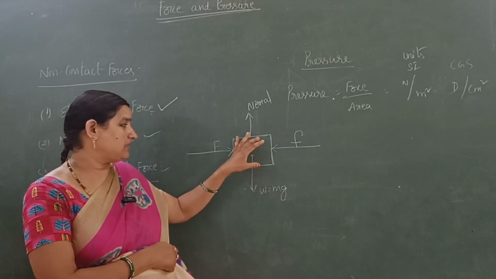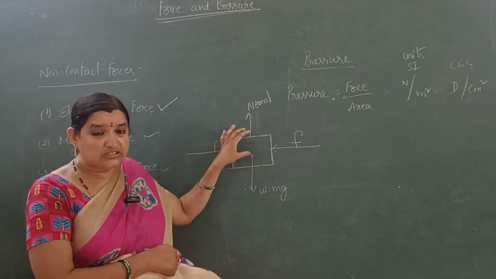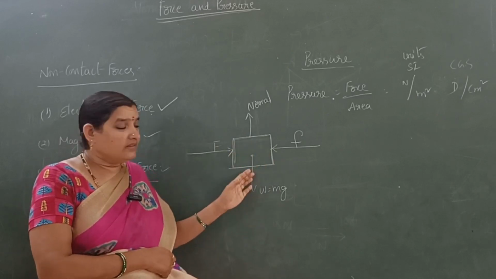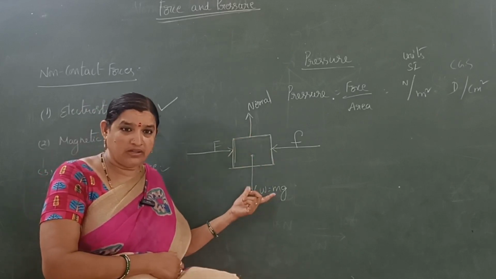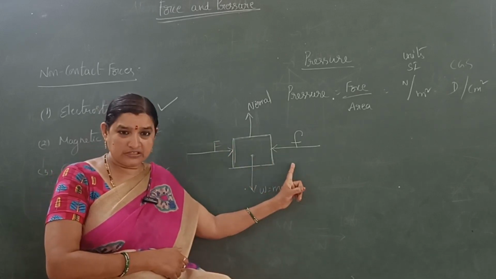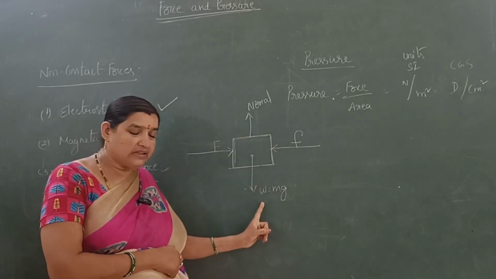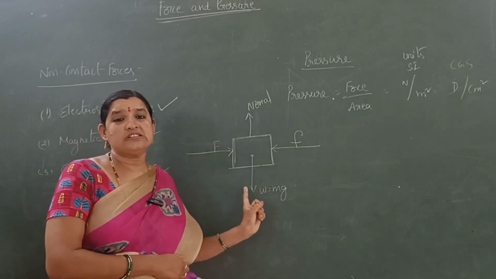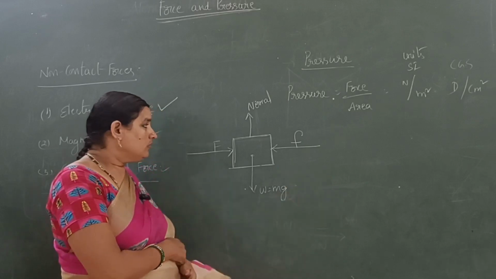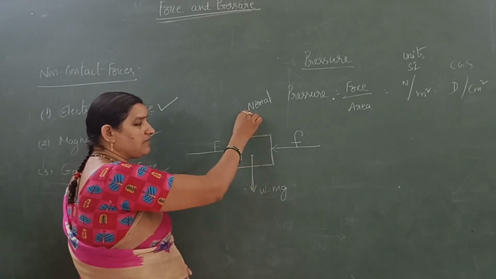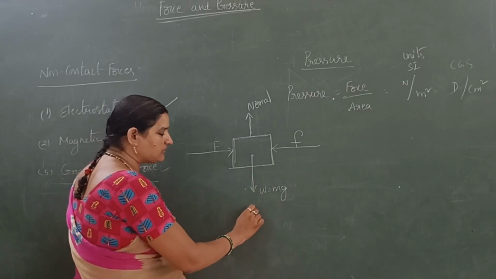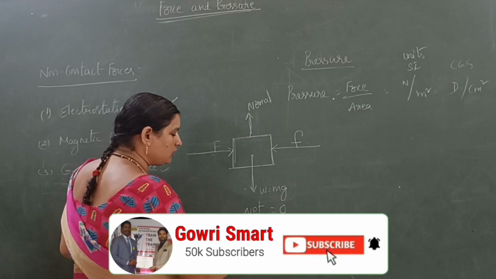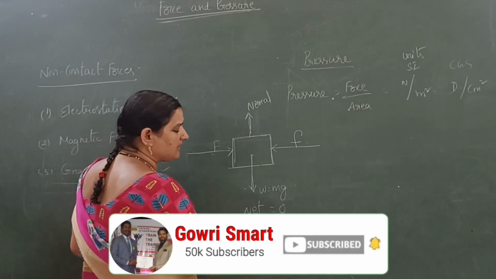So saying that if an object is in rest position, no force is acting on that body, is not correct. There are 4 forces acting on that body: applied force, frictional force, normal force and gravitational force. But the sum of all the forces becomes 0. Vertically the forces are opposite in direction and equal in magnitude, so vertically the net force is 0, and horizontally the net force is also 0. Therefore the object is in rest position.